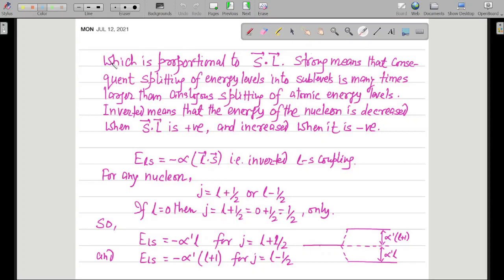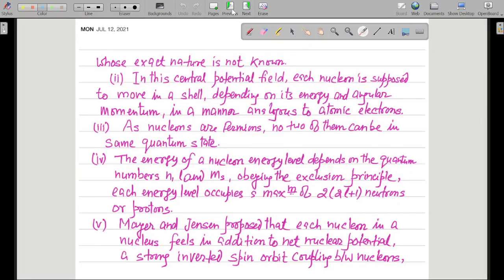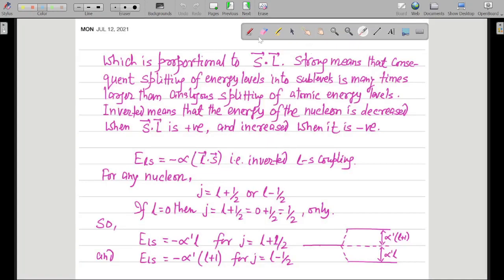The potential which they feel because of spin orbit coupling is proportional to the dot product of S and L. So in addition to the nuclear potential, they also feel an inverted spin orbit interaction.